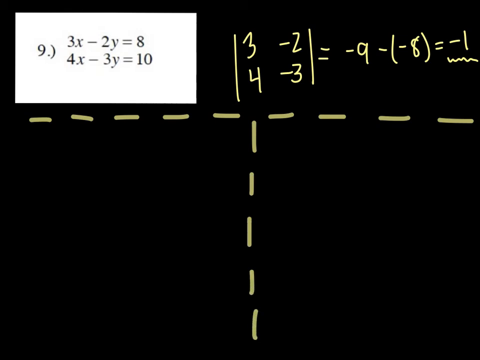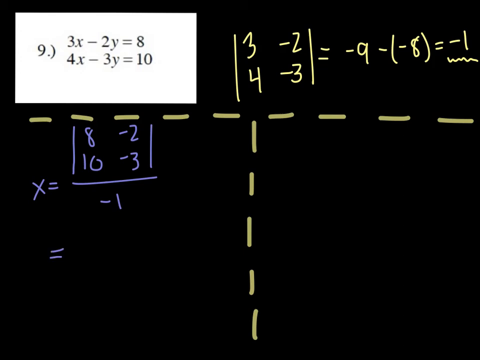So for finding x, remember we're not including the coefficients with x. We replace those with 8 and 10. Use the coefficients for our y, divided by the determinant, which we found to be negative 1.